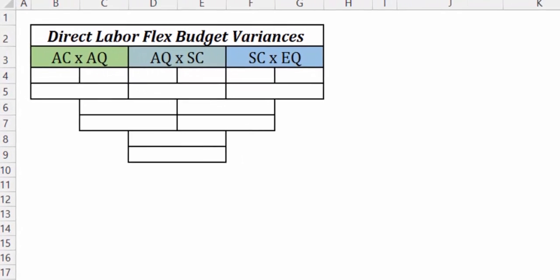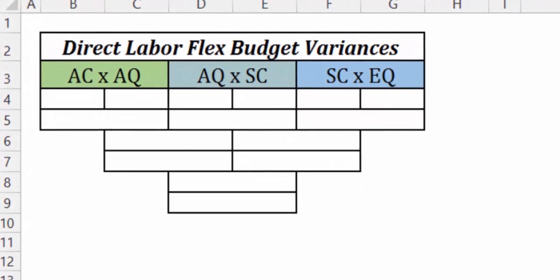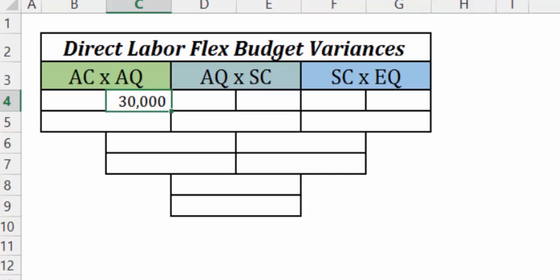So let's put that into our familiar format. The actual quantity of labor hours was 30,000 and the actual cost we paid was 570,000. If I take 570,000 and divide it by 30,000, I get $19. That is our actual cost.